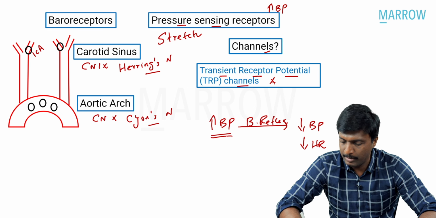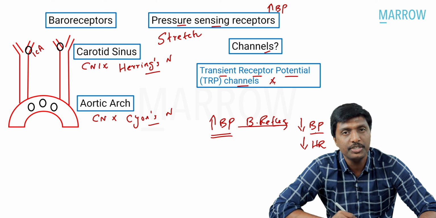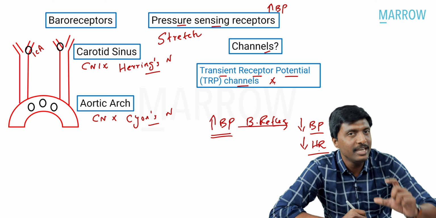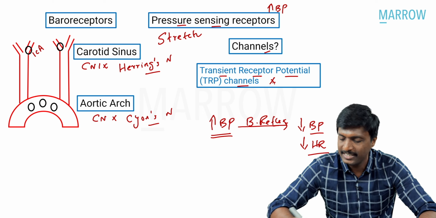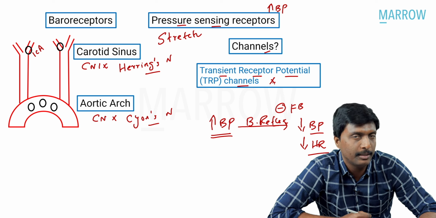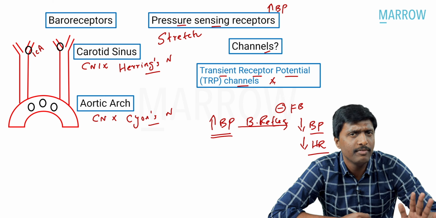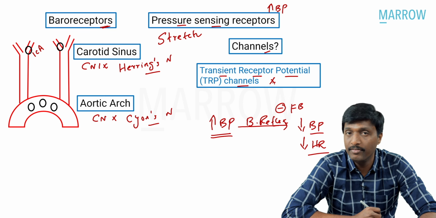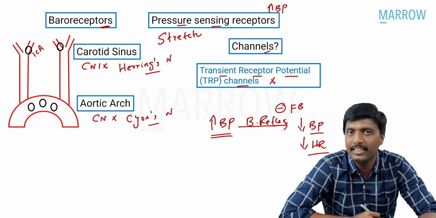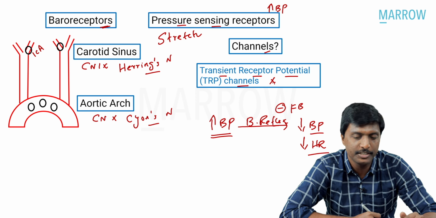So increase in blood pressure because of baroreflex leads to decrease in blood pressure and decrease in heart rate. So increase is followed by a decrease. It's a classical example of a negative feedback control system, blood pressure regulation. All these were asked before, you know very well. So baroreceptors, very high yield area. They are present in the adventitial layer. They are not deep. That is the discussion.